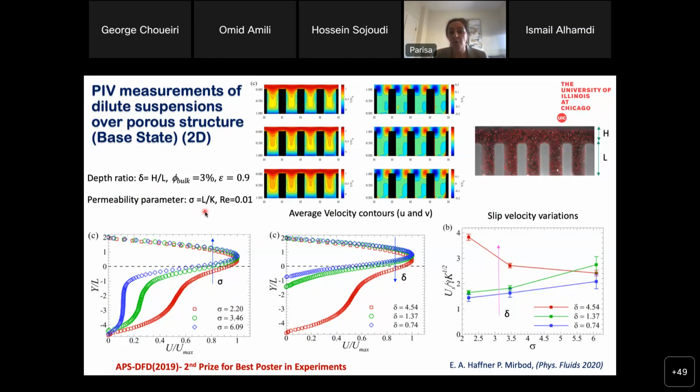We use some formulas that are already published to define the permeability for this case, but what we have done more was to change the thickness of the rods, and also to change the porosity, which is epsilon, 0.9 in those scenarios, and also the permeability of the rods, and see what is going to happen in all of those cases.